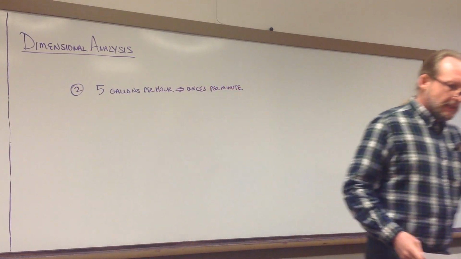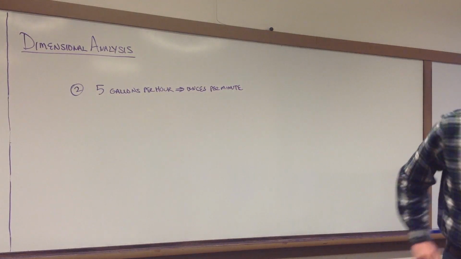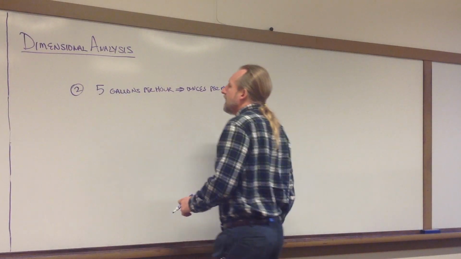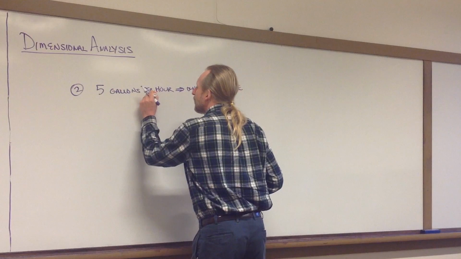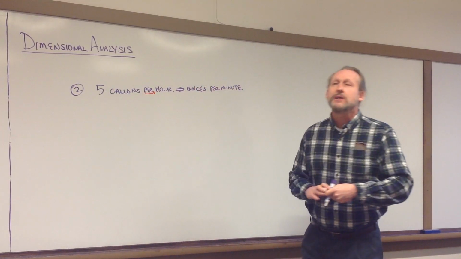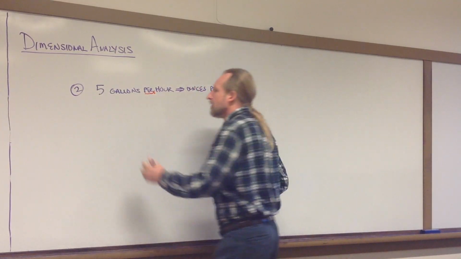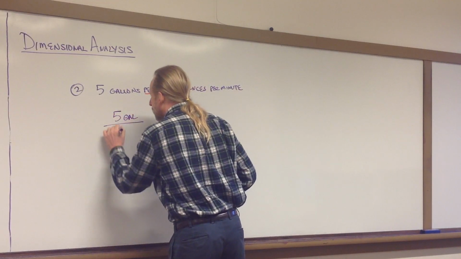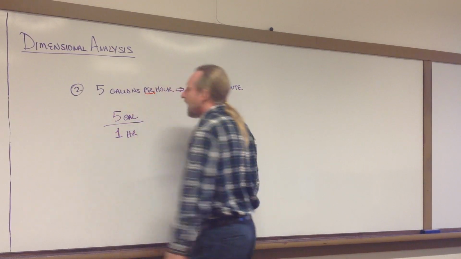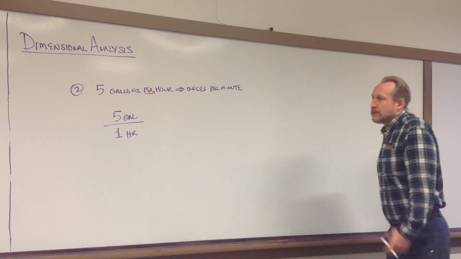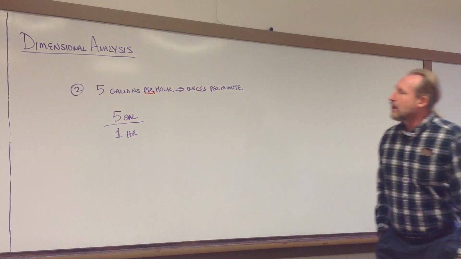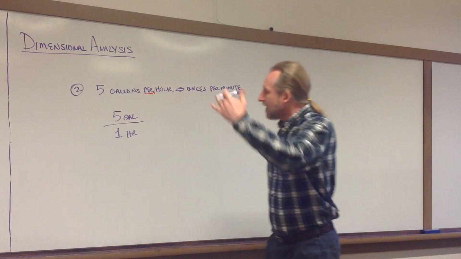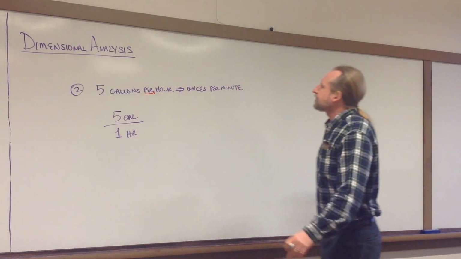So one thing that I'm in the habit of doing, and I encourage you to think of it this way, is that whenever you see the word per, that means divided by or over. That creates a fraction, 5 gallons per 1 hour. Okay? It's actually a rate or a ratio of 5 gallons to 1 hour.